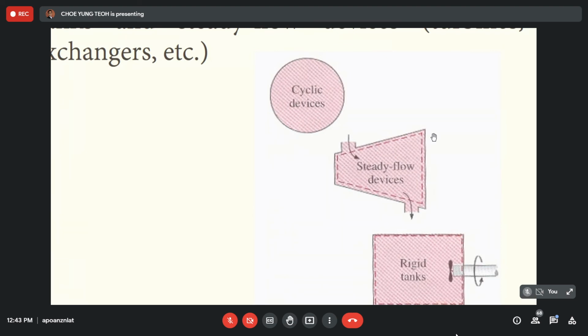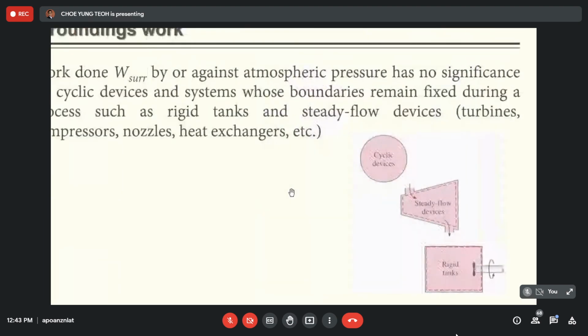No, the motion is inside. The motion of this turbine is on the blade, and the blade is fully covered by the water. Definitely the atmospheric air will not have any impact, will not create any resistance to the movement of the blade. So we can ignore the work done to the surrounding for this kind of system.